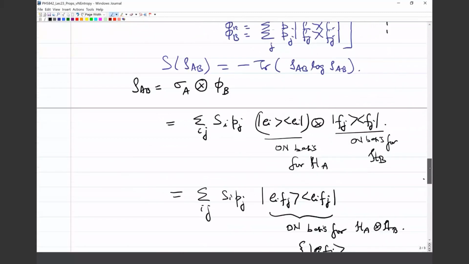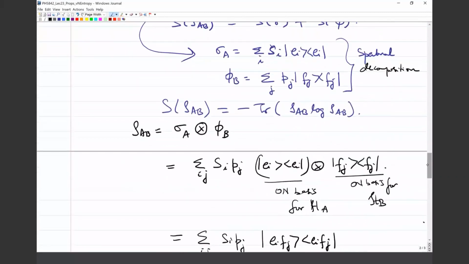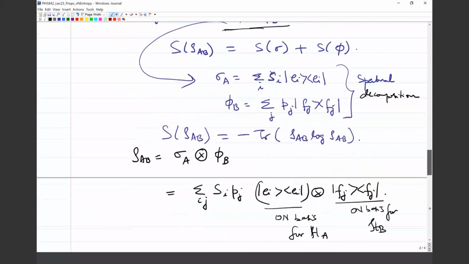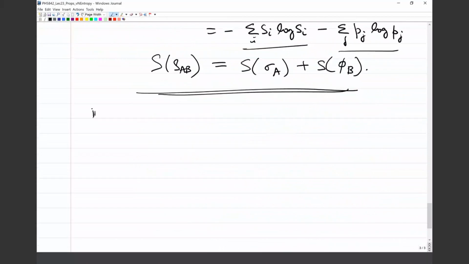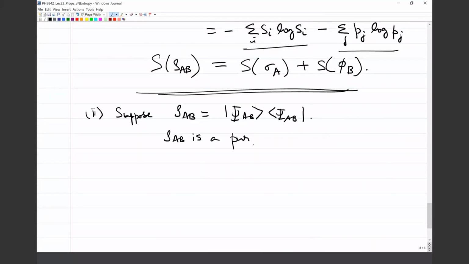Okay. The second aspect of bipartite density operators that I want to talk about is this. Suppose rho AB is actually |psi_AB><psi_AB|. In other words, rho AB is a pure bipartite state.